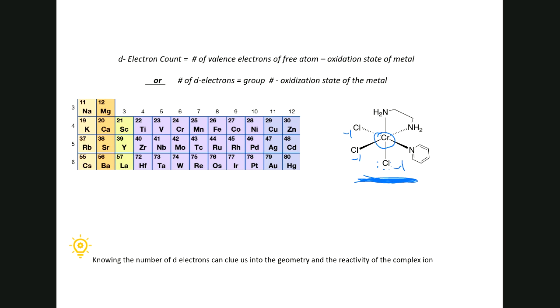From the beginning of the question, I said that pyridine is neutral, which means it does not have a charge. So we can think of it like ammonia. It's just zero charge. Ethylenediamine, each one of these NH2 is also zero charge. So they're not contributing to the charge of the molecule.